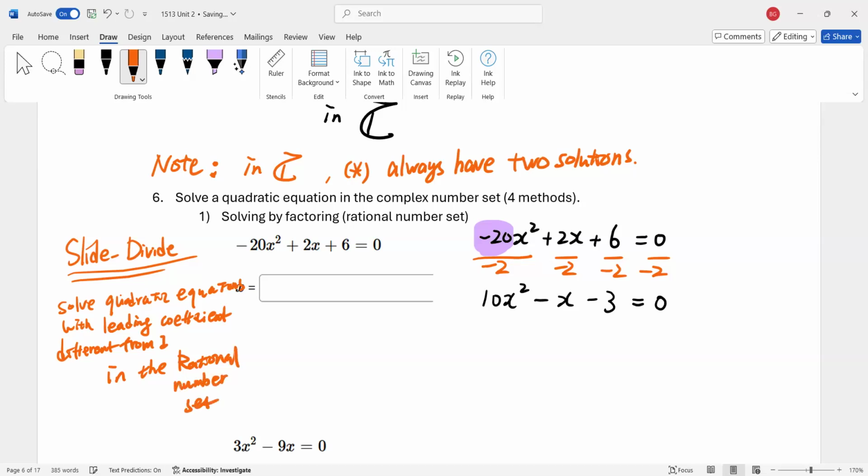Okay, this method only applies when the equation is solvable in the rational number set. Well, let me show you how I do that.